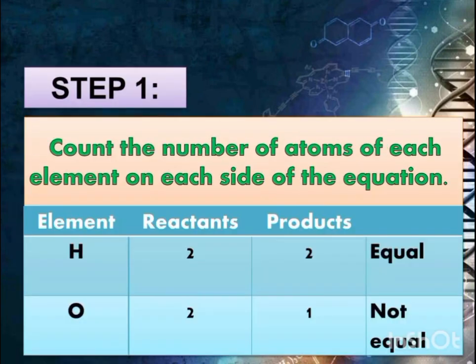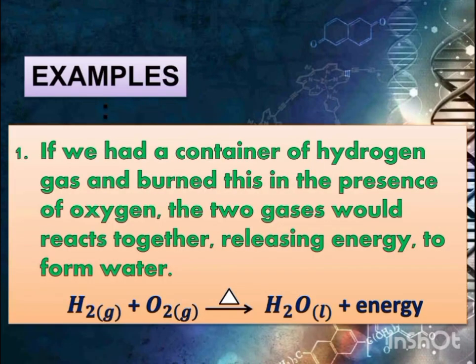Now we will go for step number 1, which is to count the number of atoms on each side of the equation. According to the equation that I have shown you earlier, there are two hydrogen atoms on the reactants side and two on the products side. Let me get back.